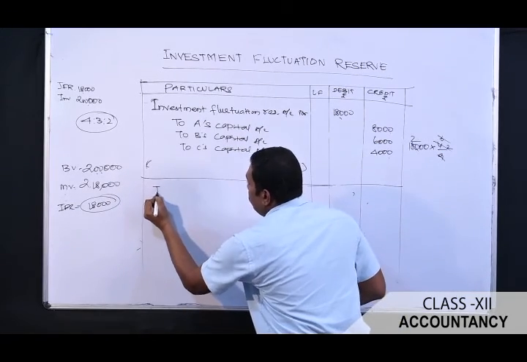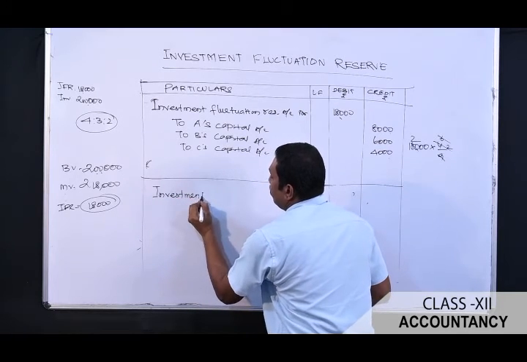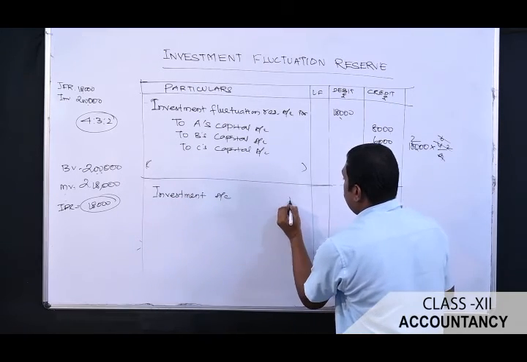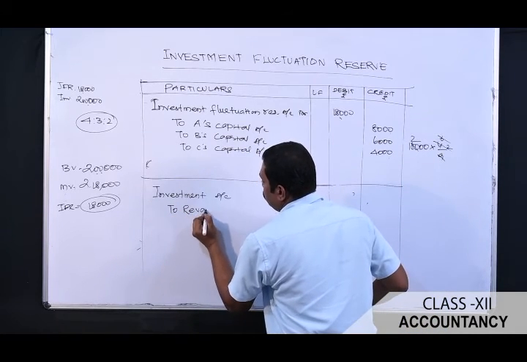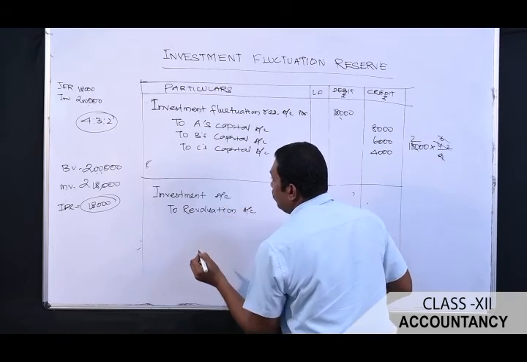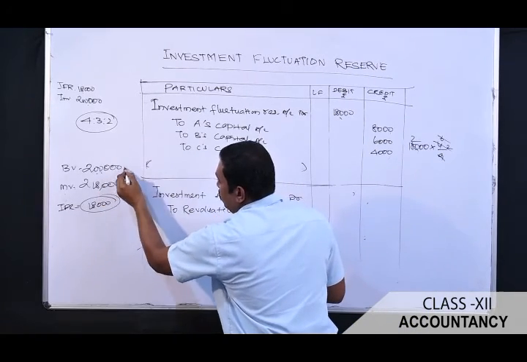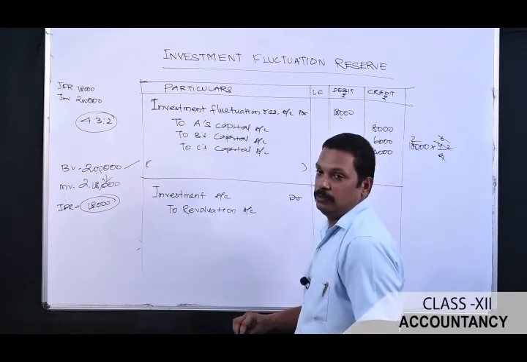So investment account debit, investment account debit to revaluation account. कितना इंक्रीज हुआ? बुक वैल्यू 2 लाख है, मार्केट वैल्यू 18,000 more.